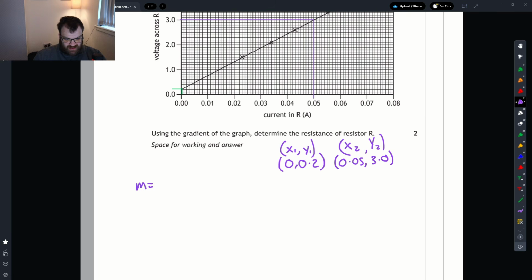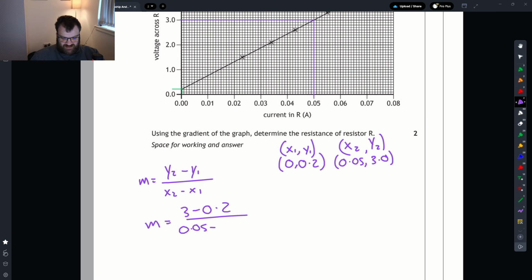So the gradient is y2 minus y1 over x2 minus x1: 3 take away 0.2 over 0.05 take away 0, 2.8 over 0.05 gives you a gradient of 56.